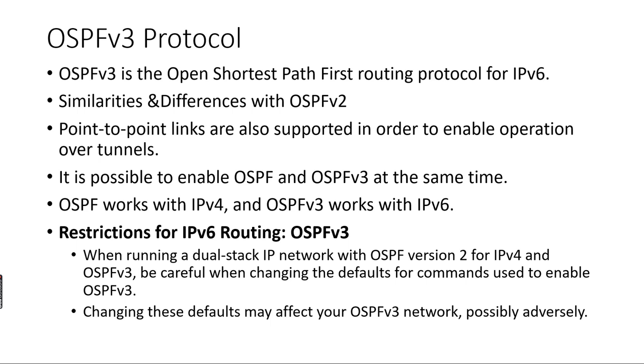In that case, you need to be a little careful, because when changing the defaults for the commands, you have to enable OSPFv3. At that time, you have to be careful about whether it's version 2 or version 3, because changing the defaults can affect your network. So be careful when doing the configurations.